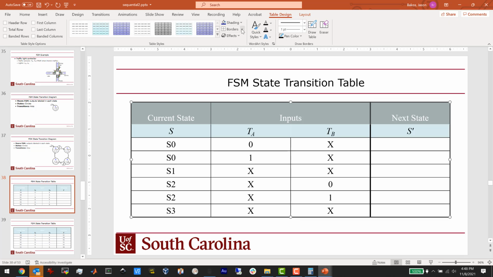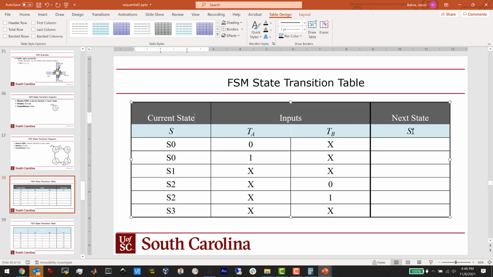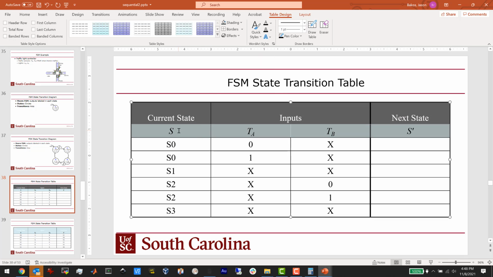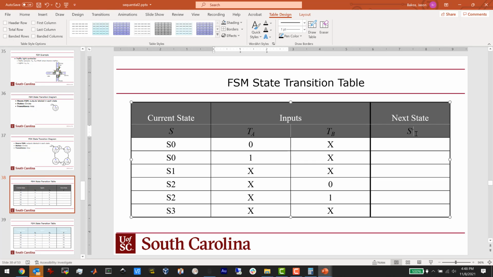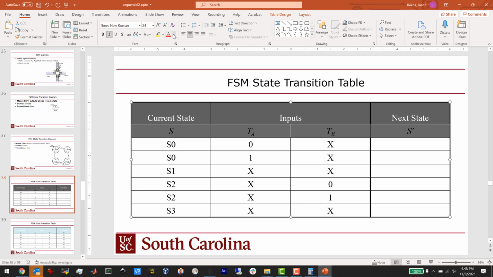Layout, shading. Yeah, that's good. There we go. It's a little better.